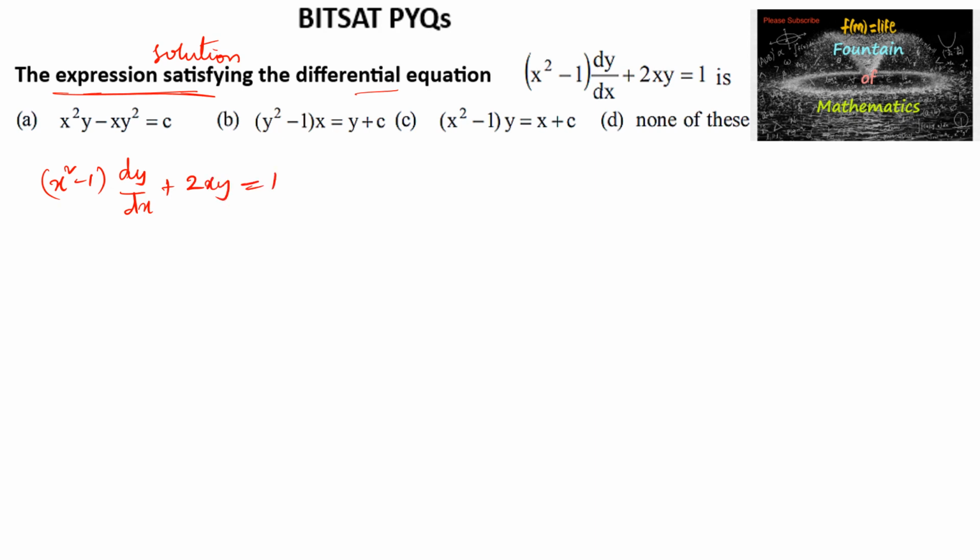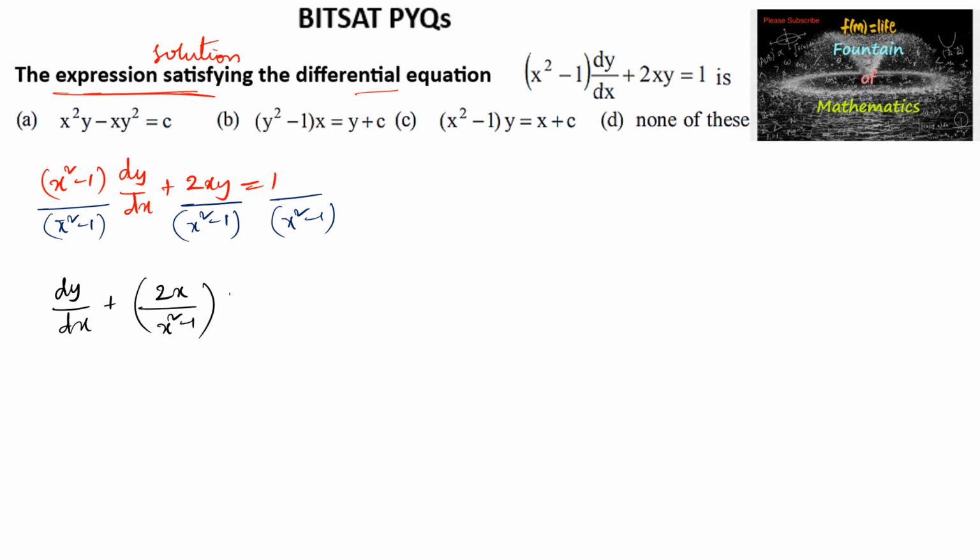Let us divide by x square minus 1. So we get dy/dx + 2x/(x square minus 1) into y = 1/(x square minus 1).